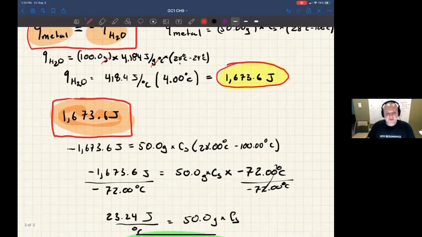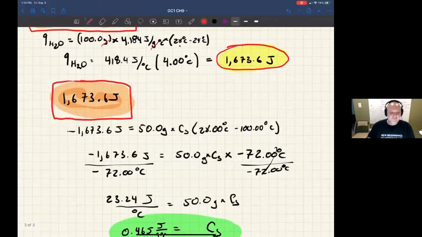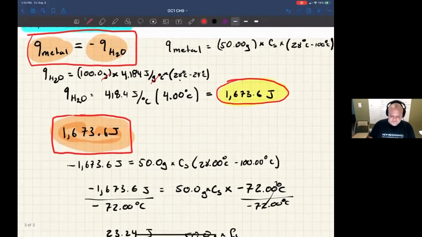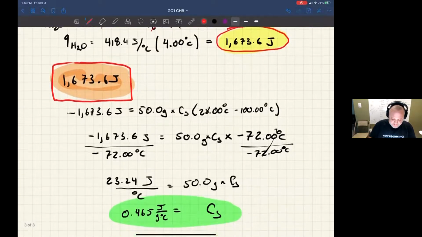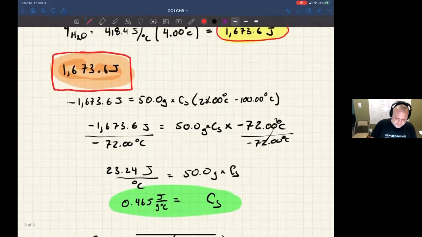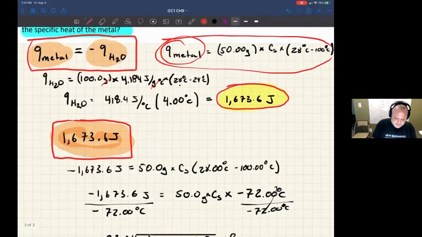And now I can figure out the specific heat of the metal. So I use this same formula from before, except now I have Q. And so let's go ahead and put that in there. This time though, since I'm using Q metal in a calculation, I need to include the negative sign.